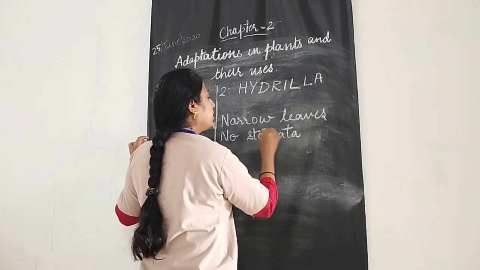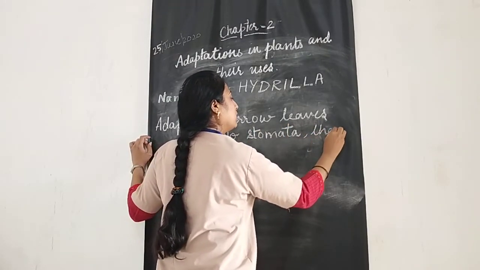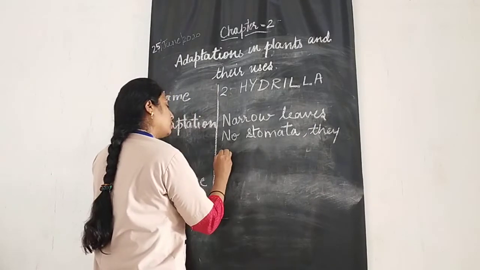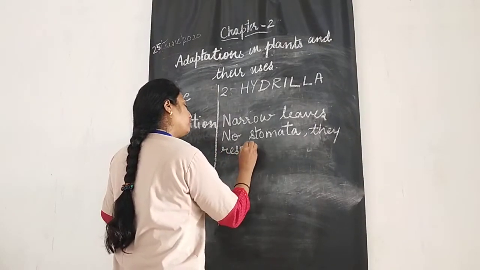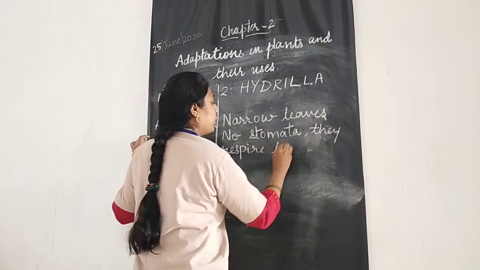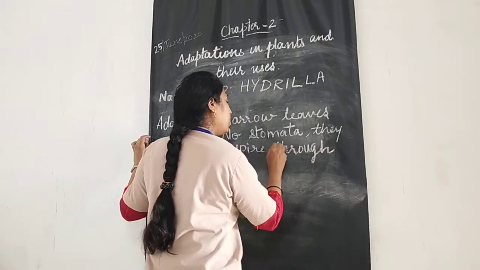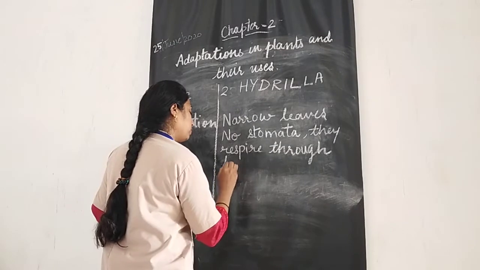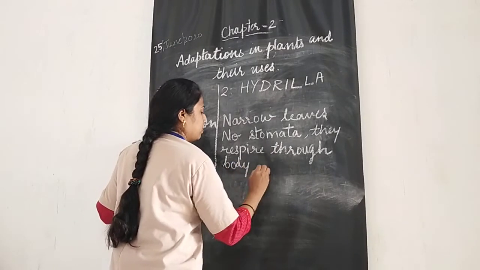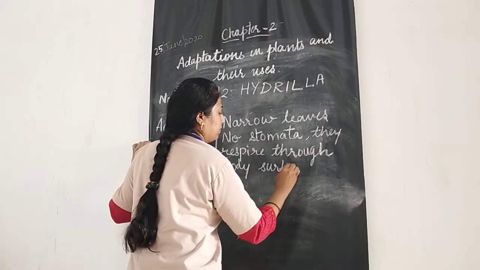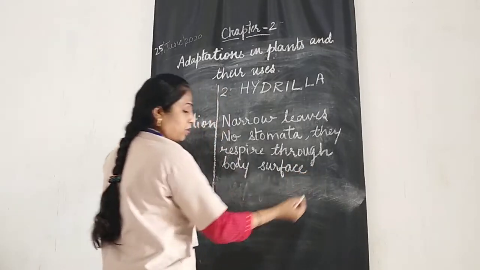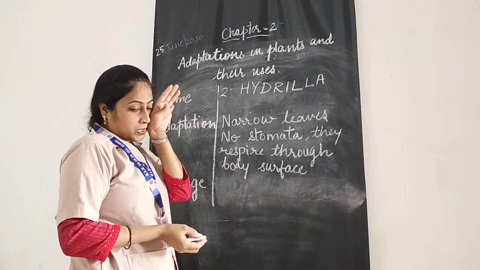So how do they breathe? They respire through the body surface. So that is why they are used in aquariums also. What is the advantage?